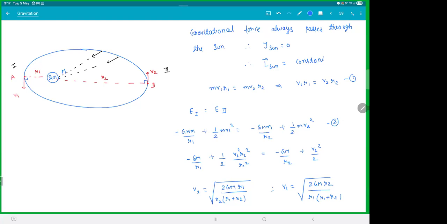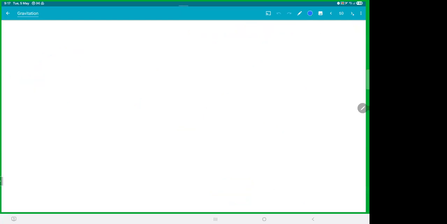Right, Utsa. Right, Aditi, got the velocities. So once I got the velocities, v1 is root over 2GM r2 by r1 plus r2, and v2 is root over 2GM r1 by r2 times r1 plus r2.